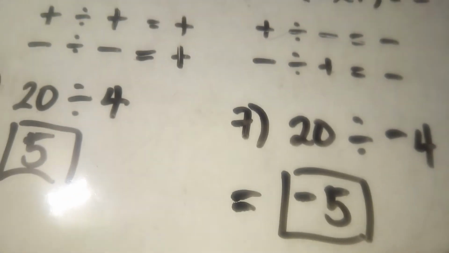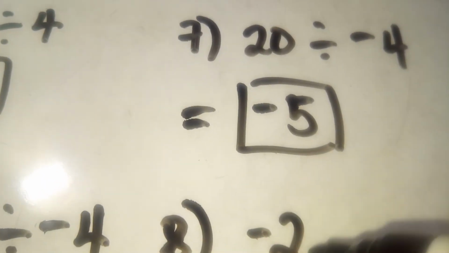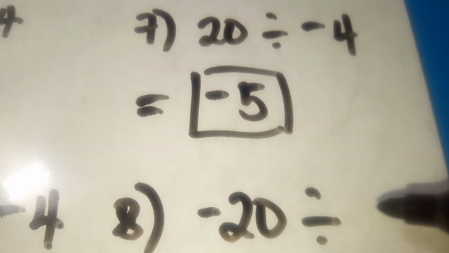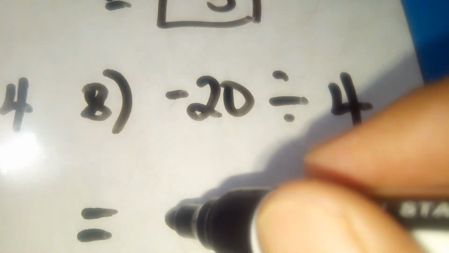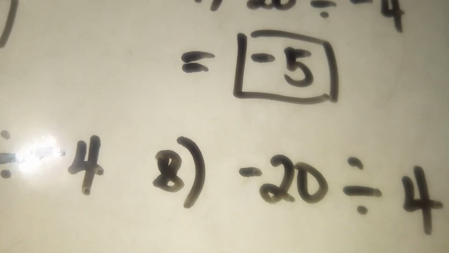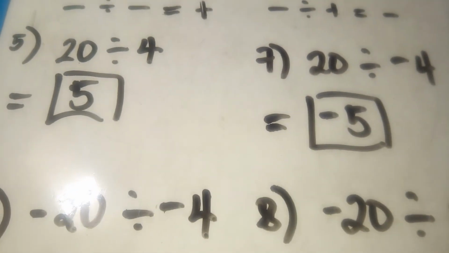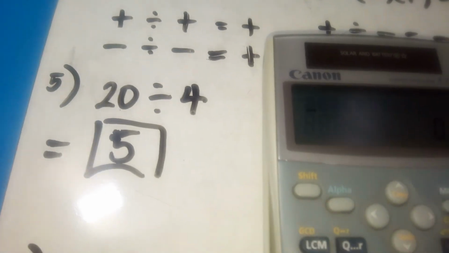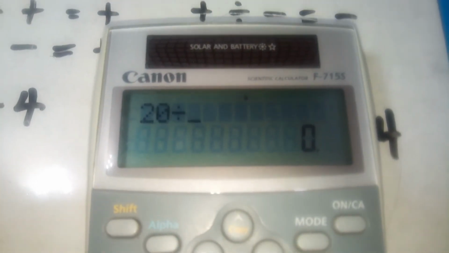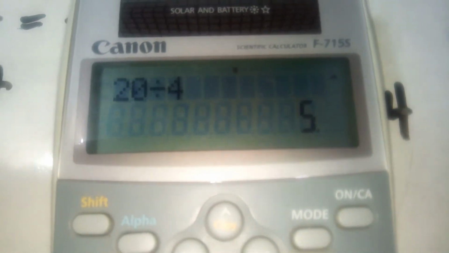Number 8, negative 20 divided by a positive 4, the result will be negative 5. So let's check. 20 divided by 4 equals 5.